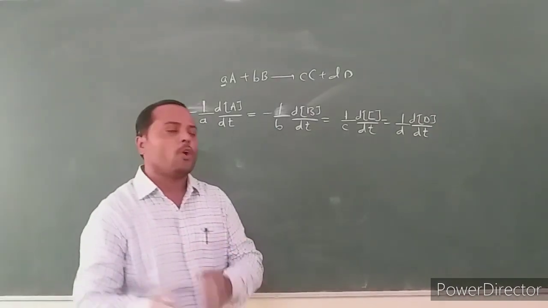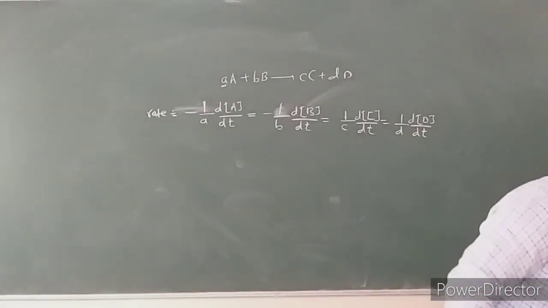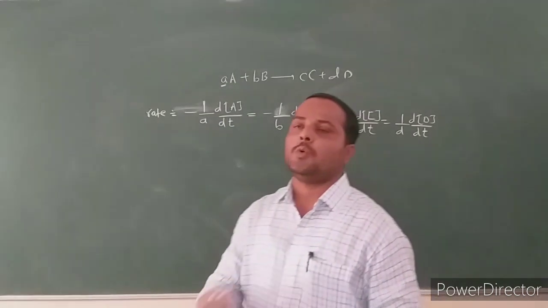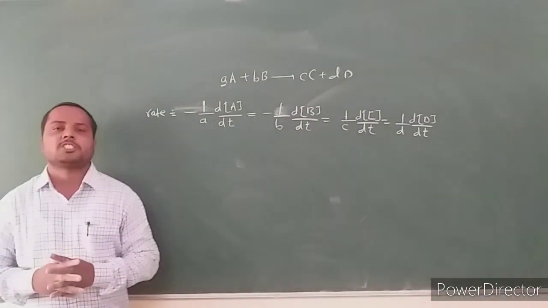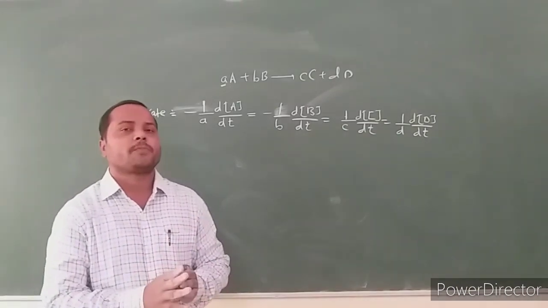Generally, for a reaction involving two or more reactants or two or more products, how to express the rate of reaction?